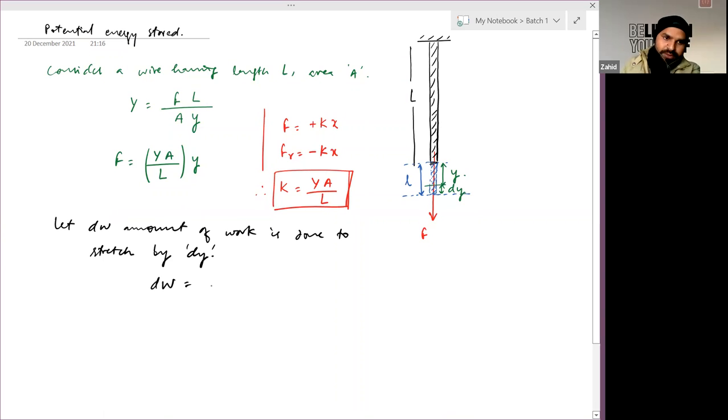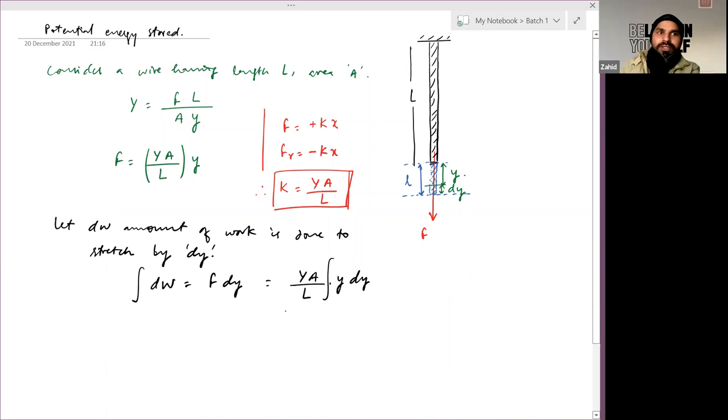So work done equals force times displacement. Put the value of F, so it will be YA divided by L times y into dy. Now integrate this expression. This work done is against the elastic behavior of the rod. So this work will get converted into potential energy.